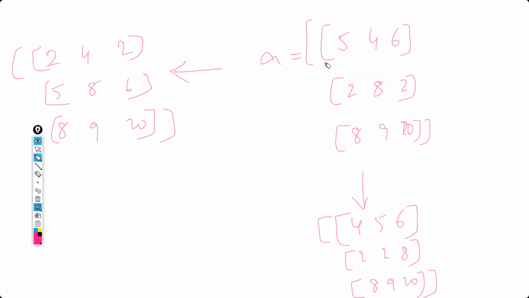Row means take first row and do the sort. Take the second row and sort. Take the third row and sort. Now here you are going to take first column and sort. Second column and sort. Third column and sort.